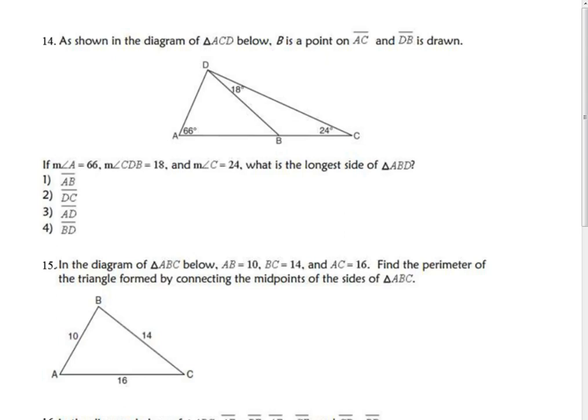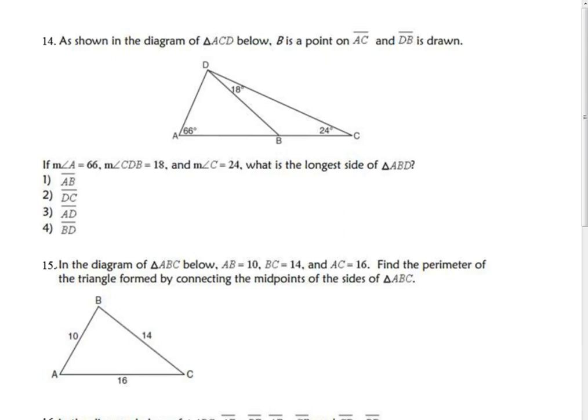All right. Getting here towards the end. So as shown in the diagram of triangle ACD, point B is on AC and DB is drawn. Measure of angle A is 66. The measure of angle CDB is 18. Measure of angle C is 24. What is the longest side of ABD? Well, all these longest side questions start by first finding what are the angles.